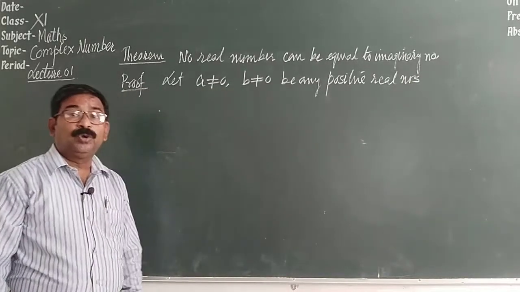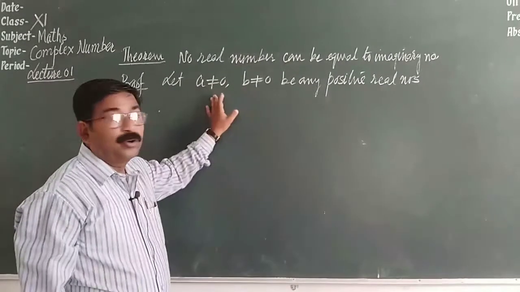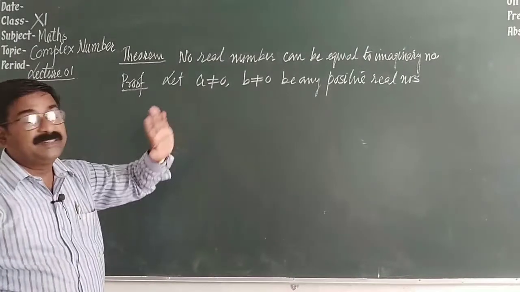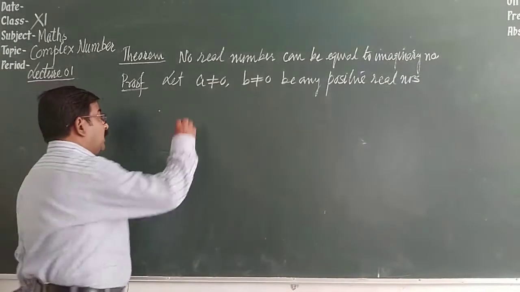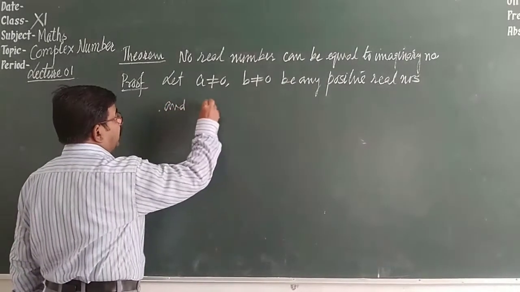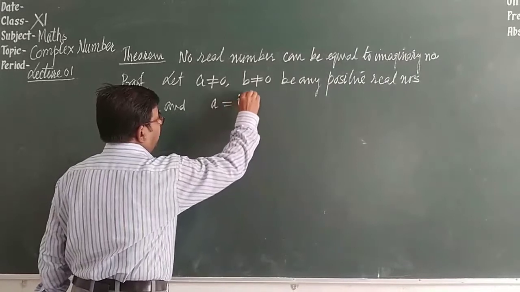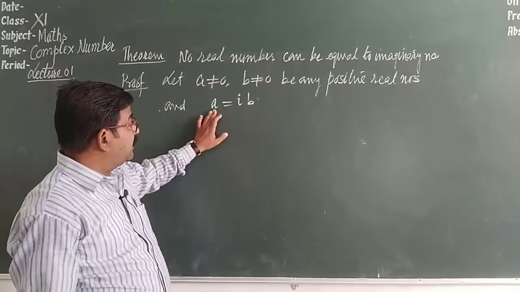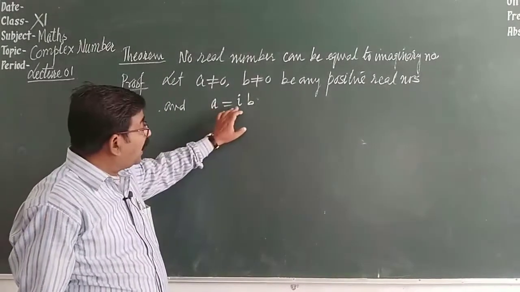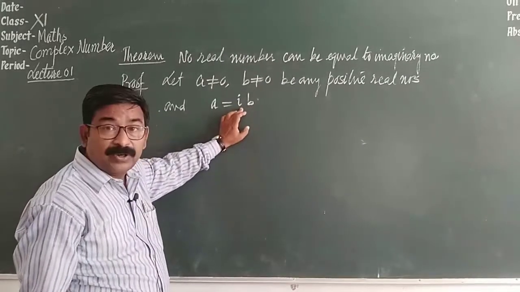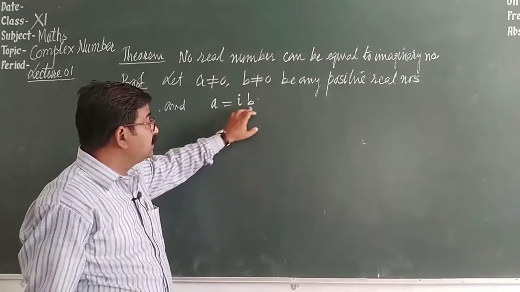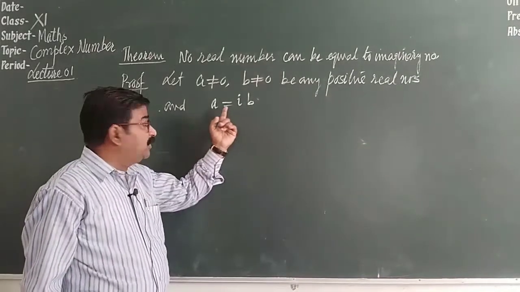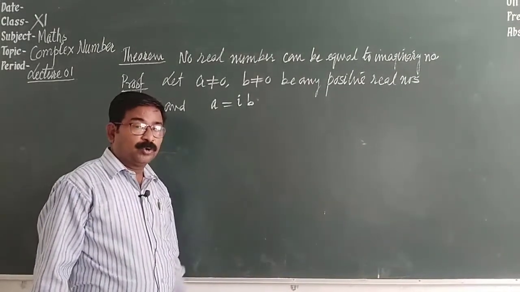We have to show that a real number is never equal to imaginary number. And if we suppose that a is equal to ib, try to understand. Here a is real, ib is imaginary, because iota is written with this. I have written an equal sign between them. Is it true? We are going to show this.